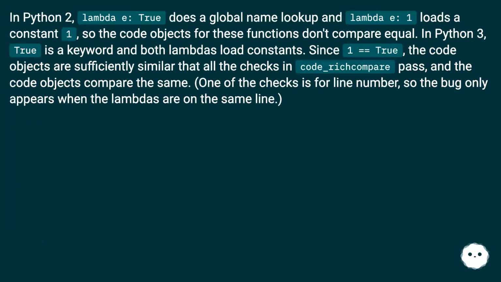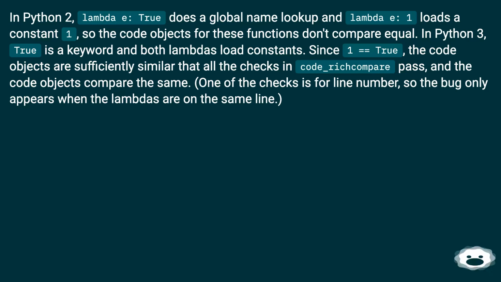In Python 2, lambda: True does a global name lookup and lambda: 1 loads a constant 1, so the code objects for these functions don't compare equal. In Python 3, True is a keyword and both lambdas load constants. Since 1 equals True, the code objects are sufficiently similar that all the checks in code_richcompare pass, and the code objects compare the same.